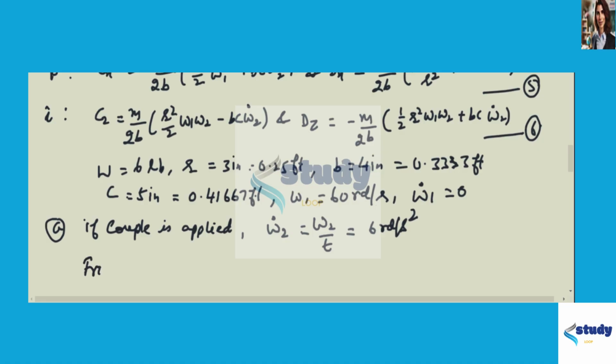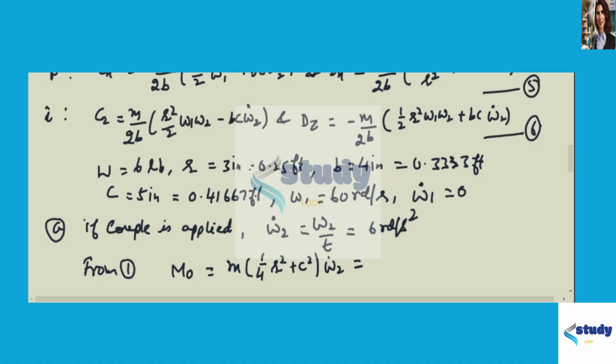So from the first equation, MO you will get m times 1 by 4 r square plus c square.